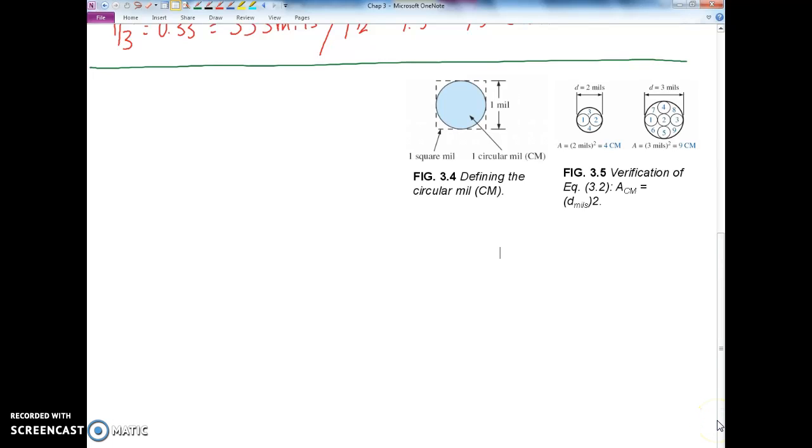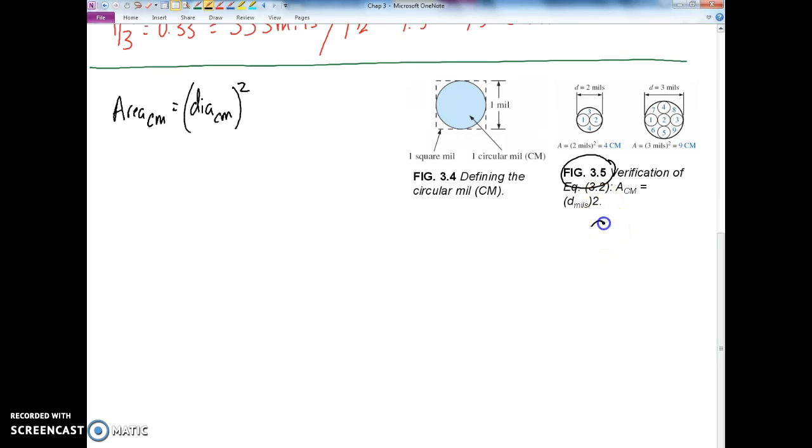The reason that we want to define mils is that somewhere along the line, somebody decided that if we can define area in circular mils as simply the diameter in circular mils squared, that could be beneficial to us. The logic behind it is shown here in figure 3.5.